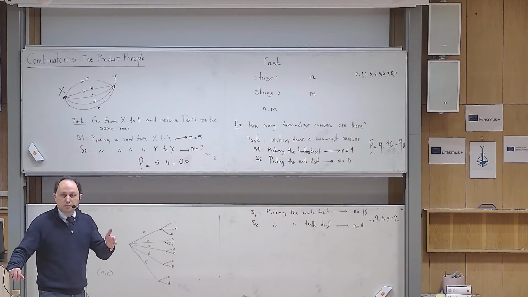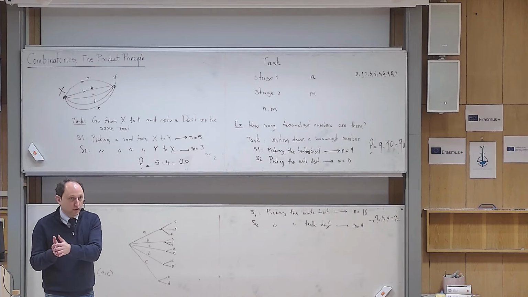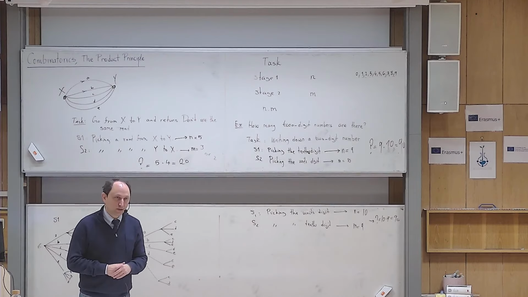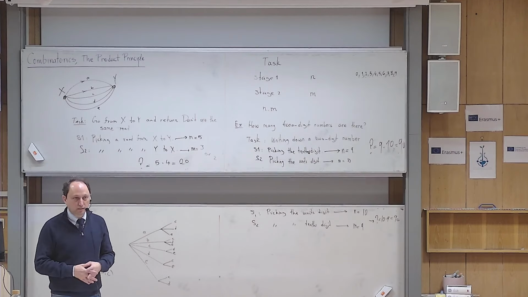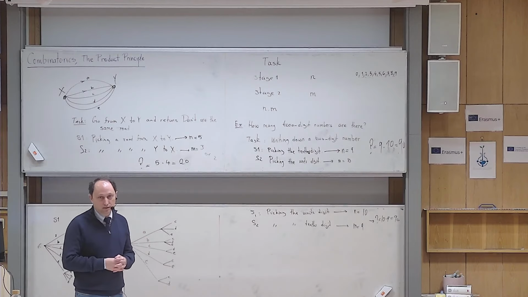And after part one is done, I also know in how many ways part two can be done. But the only thing that you have to be careful about is that the second number should be independent of how part one is done. That's the only thing that you have to imagine. And if everything is okay, you just multiply them. And the number that you get is the total number of ways that your task can be done.